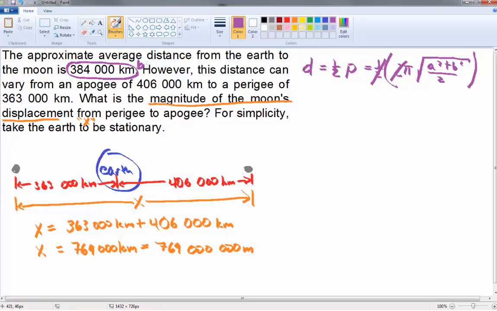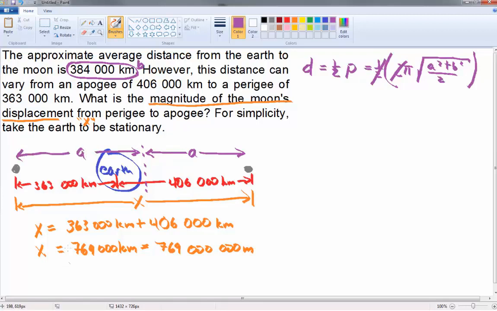We have right here the value for the semi-minor axis, b. That's given in the problem because it says assume the semi-minor length b is equal to the average Earth-Moon distance. So this is the semi-minor axis length. We need to get the semi-major axis length. So the semi-major axis length is basically like this. We'll call a this distance, and it must also be equal to this distance.